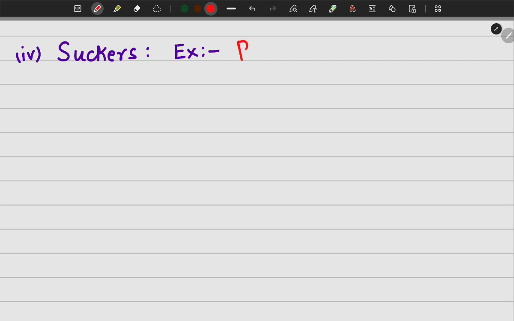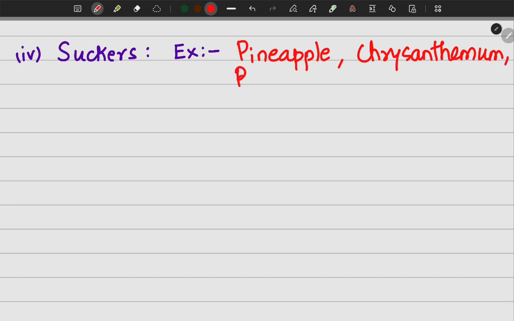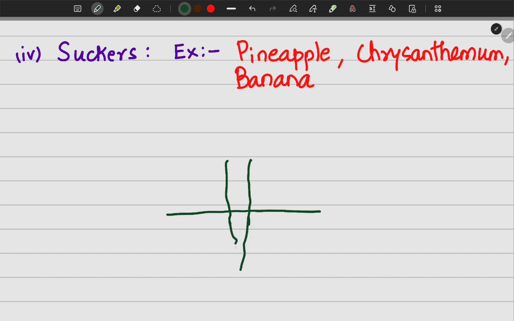Examples are pineapple, chrysanthemum, and banana. So what is a sucker? Let us see. If this is the main plant and this is the underground stem and then the roots, then what happens?